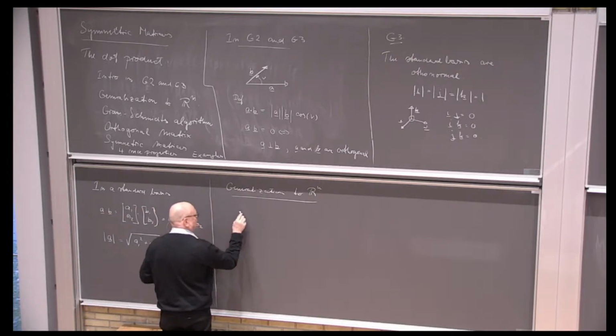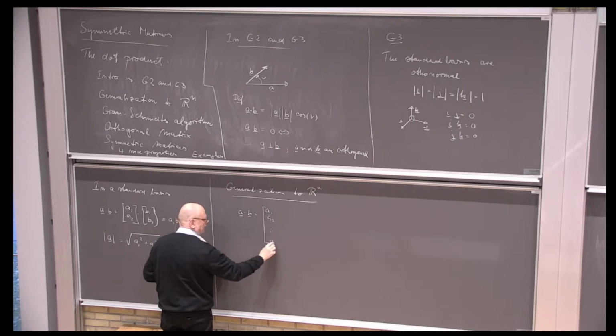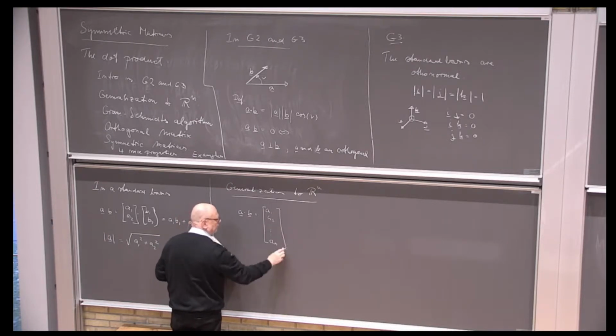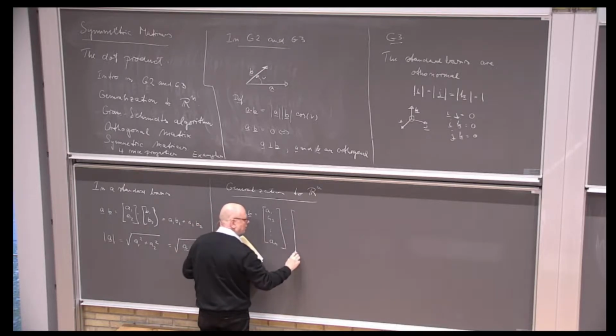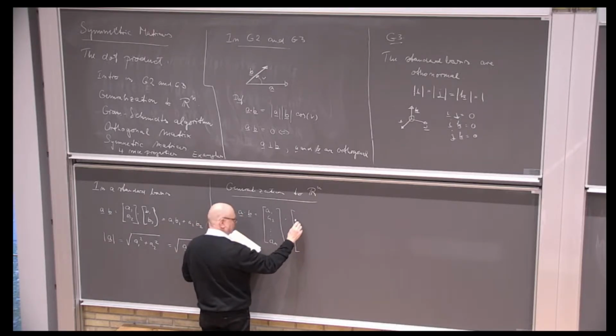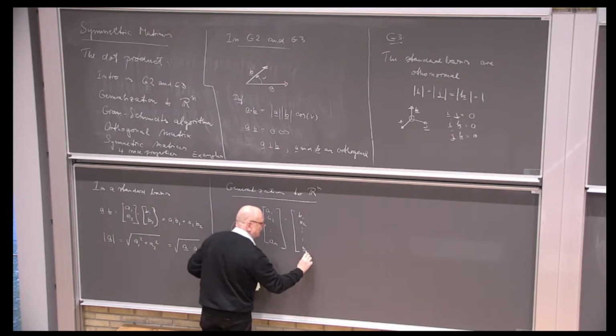Now, I have A dot B, and in terms of coordinates in Rn, standard basis, you have A1, A2, up to An, and this you dot with B1, B2, up to Bn.